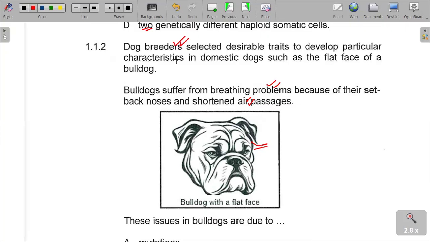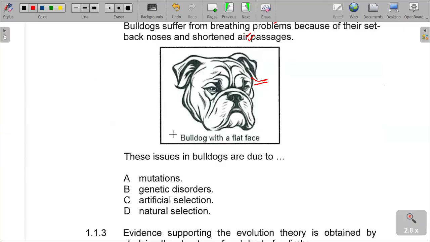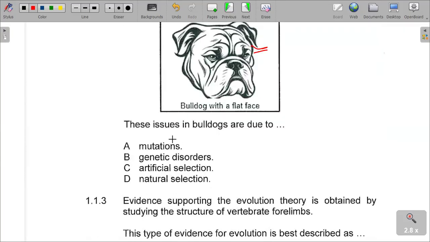Dog breeders, class, selected desirable traits to develop particular characteristics in domestic dogs, such as the flat face of a bulldog. A bulldog is a type of dog that was developed by humans. So these issues of bulldogs are due to what?